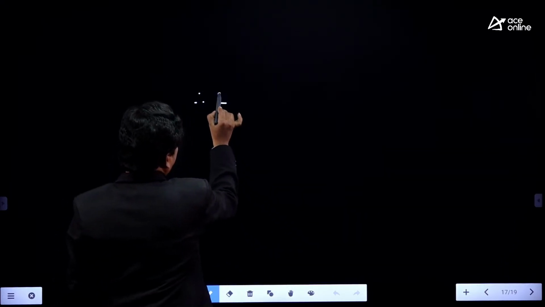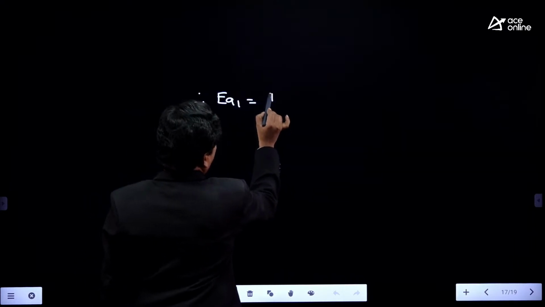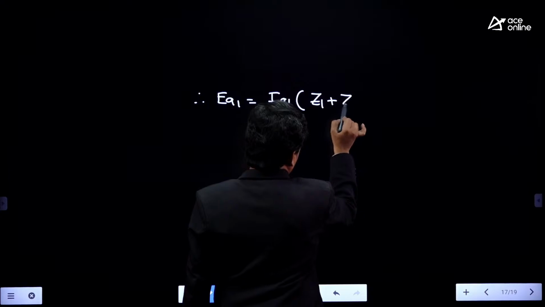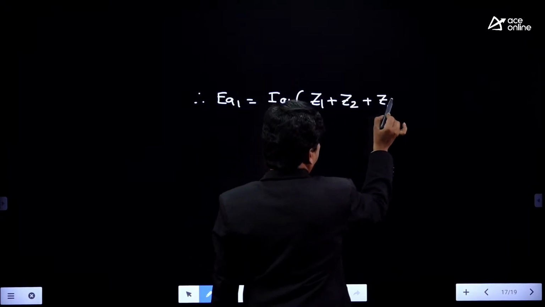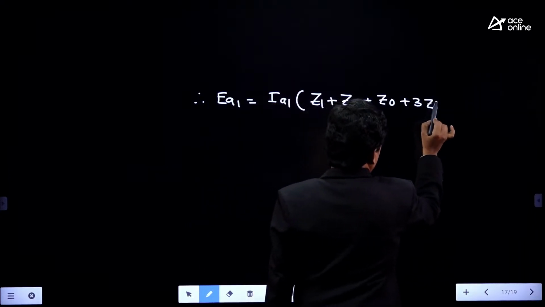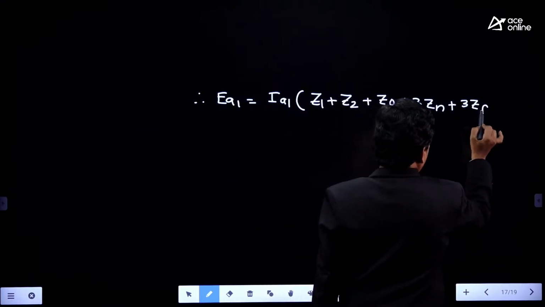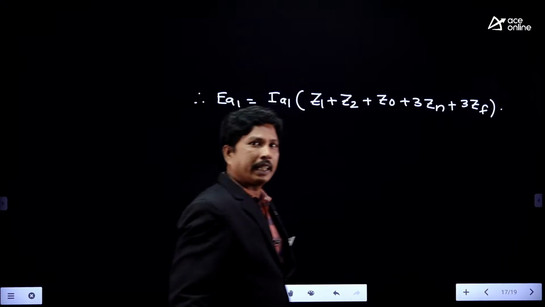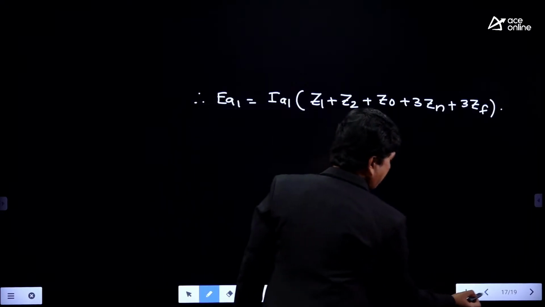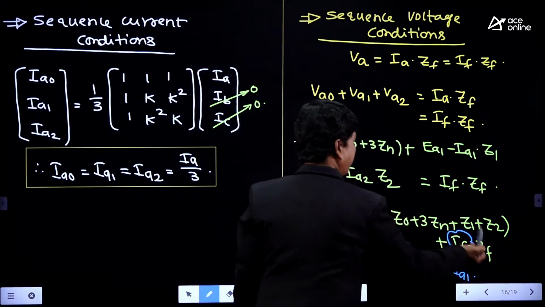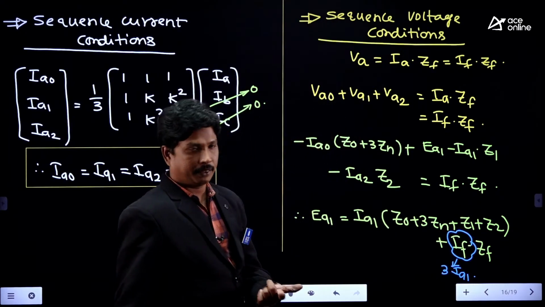Therefore, the value of EA1 is equivalent to, if you take IA1 outside, Z1 plus Z2 plus Z0 plus 3Zn, and in place of ZF, we have to write 3ZF. Please check here. In place of IF, we are writing 3 IA1. Whenever you are taking IA1 outside, you will get 3 times ZF, right?